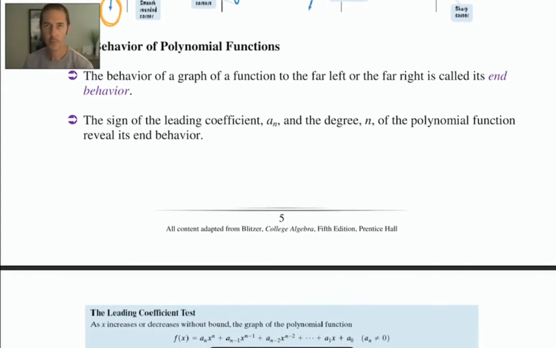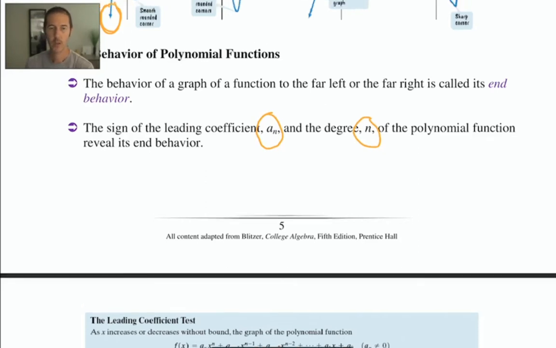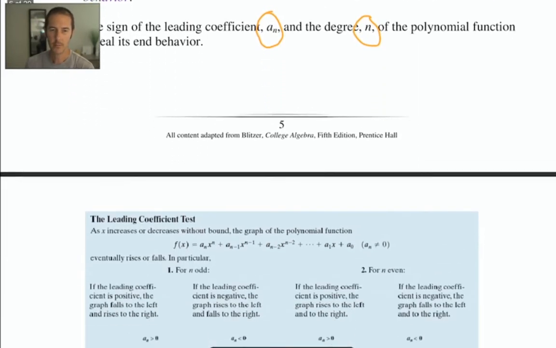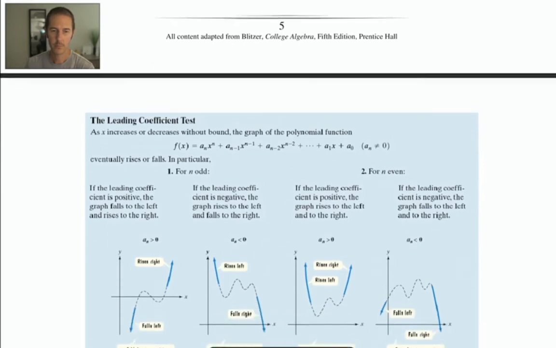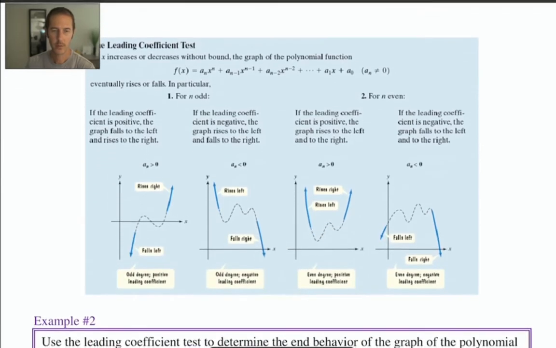How are we supposed to know the end behavior of a function just by looking at the equation? There is a really nice, easy way to tell the end behavior. And we determine it by looking at the leading coefficient and the degree of the polynomial. And here are some examples.